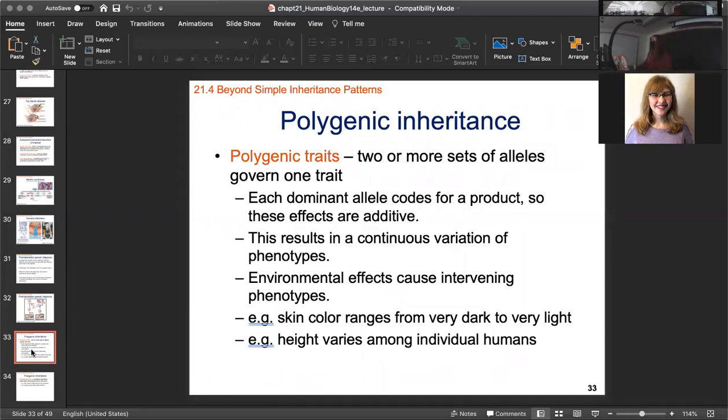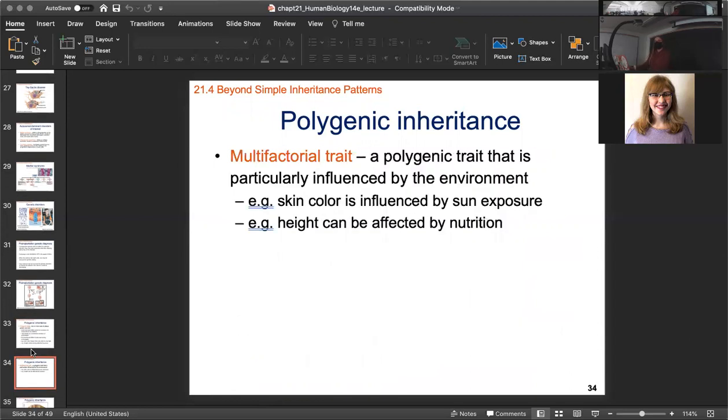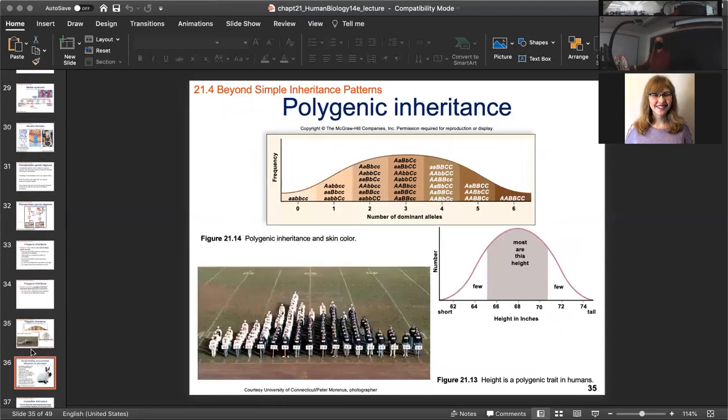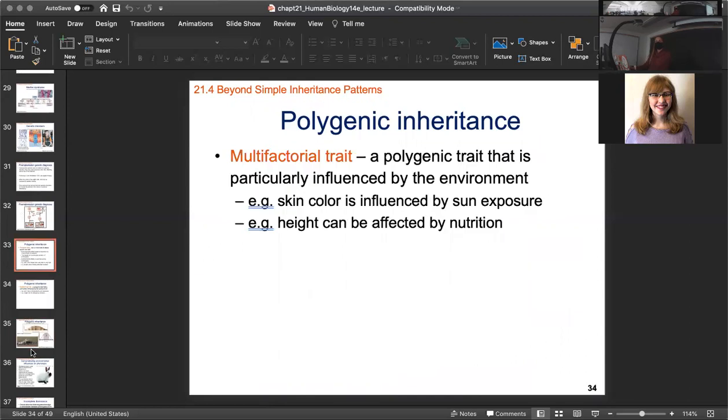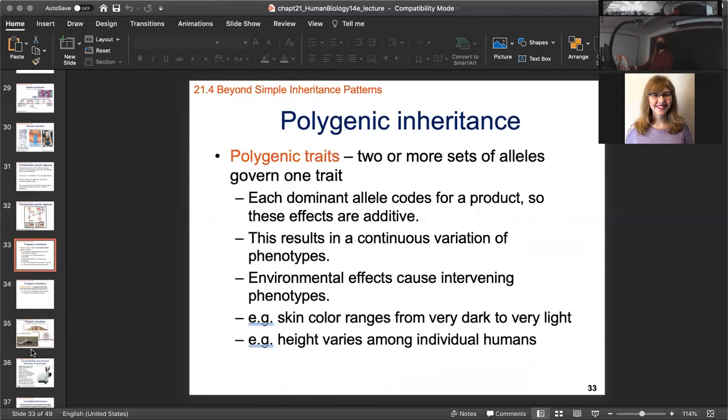Okay. So we have something called a polygenic trait or polygenic inheritance, meaning that it's 2 or more sets of alleles that govern one trait. Each dominant allele codes for a product, so these effects are additive.